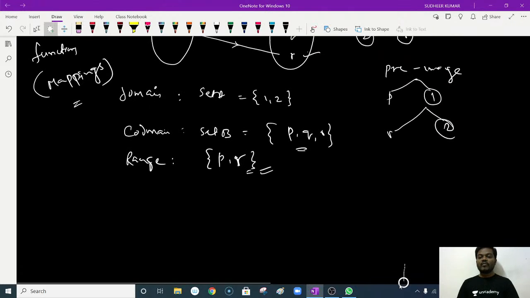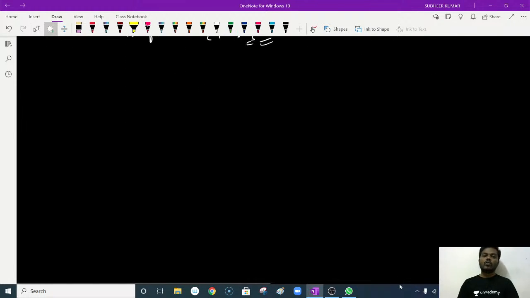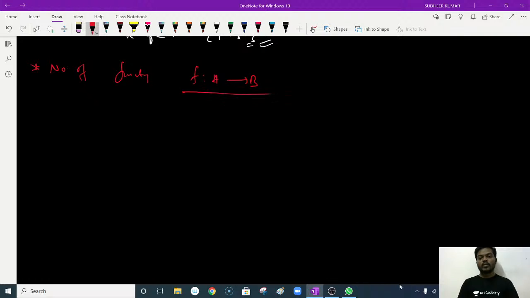Now let us see the number of functions. This is important. So how do we find the number of functions? If the question is given: find the number of functions from A to B, where F is a function from A to B, n(A) consists of two elements and n(B) consists of three elements.